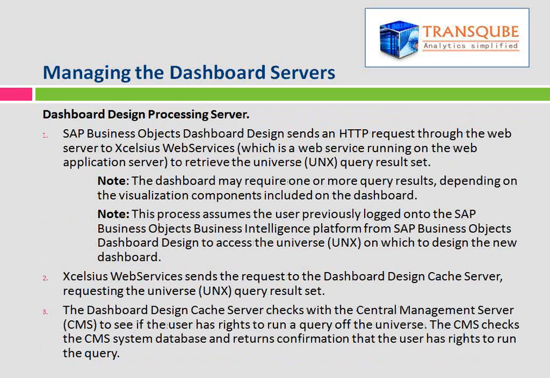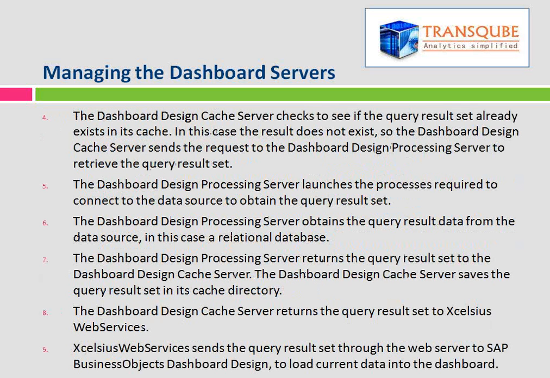Okay, dashboard design cache service checks with the CMS to see if the user has rights to pick up the data of the universe. CMS checks the CMS system database communication and comes back with the appropriate information. If he is authorized to use it, it will give that information and eventually the query is executed. Dashboard design cache server checks to see if the query result set already exists in the cache.